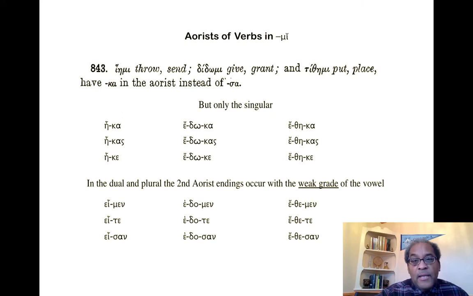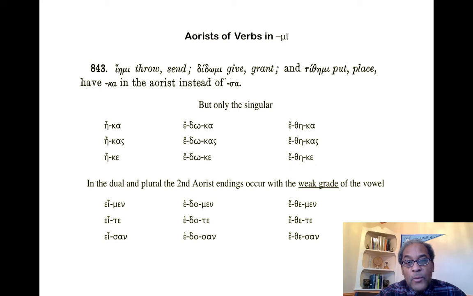And these, in the aorist, show kappa alpha instead of sigma alpha in the singular. So you have heika, heikas, heike, edoka, edokas, edoke, and eteka, etekas, eteke.